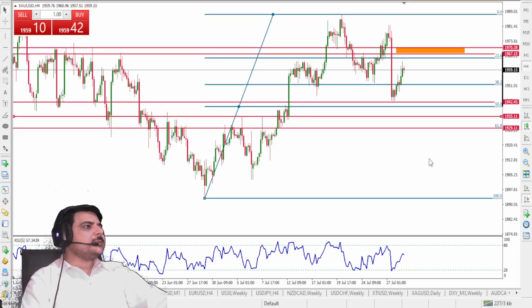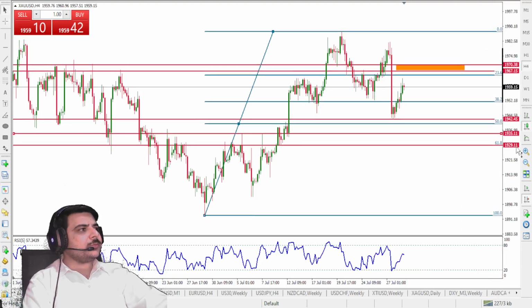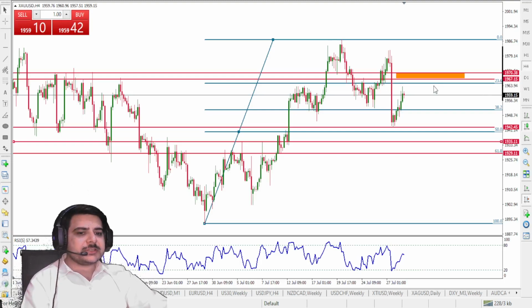So now it depends upon you. You can add a buy position from 1945.45, you can add it from 1935.11, and you can add from 1929.11. Remember, for the sell zone in the upcoming week, 1970 and 1967 can give you potential profits.